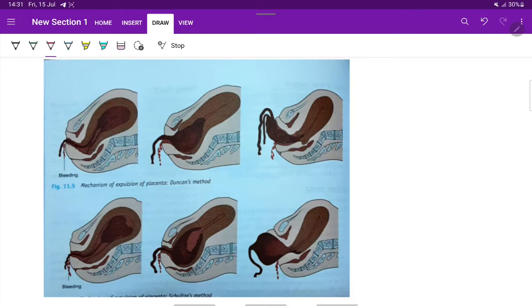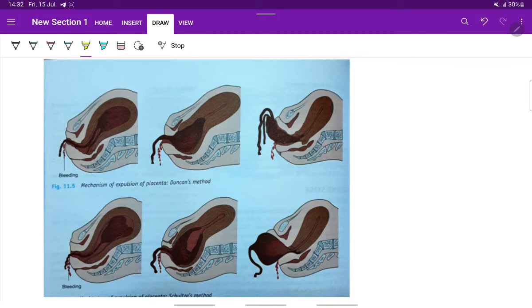So, in this image, the above images show the Duncan's method of expulsion of placenta, in which the placenta folds on itself so that the long axis of the placenta corresponds to the long axis of the uterus.